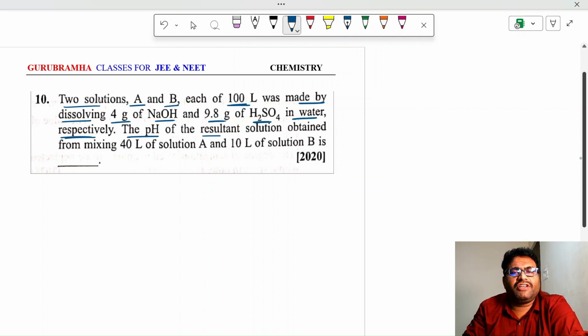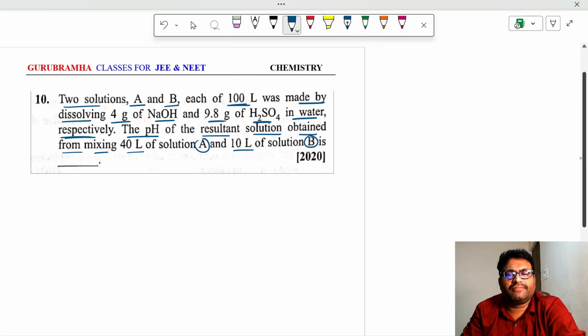The pH of the resultant solution obtained from mixing 40 liters of solution A and 10 liters of solution B is, this is the question. So first of all, let us understand the question.